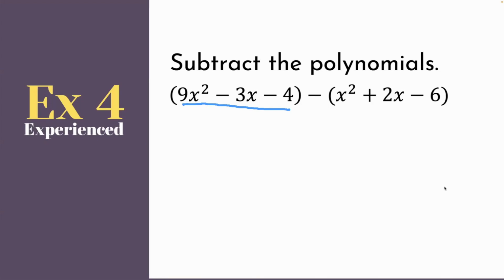I have 3 terms. And from that, I'm going to subtract another list of terms, x squared plus 2x minus 6. Now, yes, this is a subtraction example, but like we talked about on the last example, when you just have a minus in front of a variable, we said it's like you have -1 of that variable.